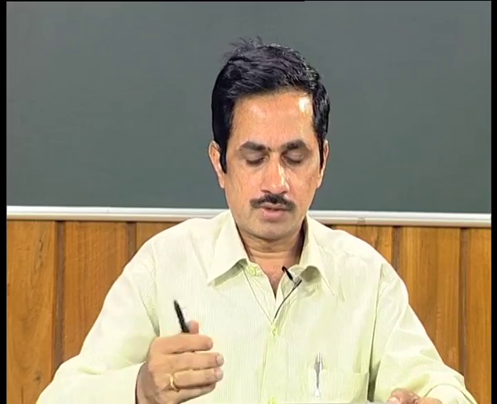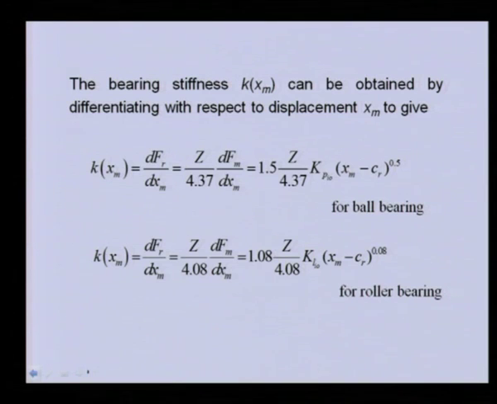So, for this I am giving the expression of the stiffness of the rolling element bearing. So, first one is for ball bearing. So, this particular stiffness expression is this one. So, you can see this is the number of rolling elements. This is the load displacement constant.